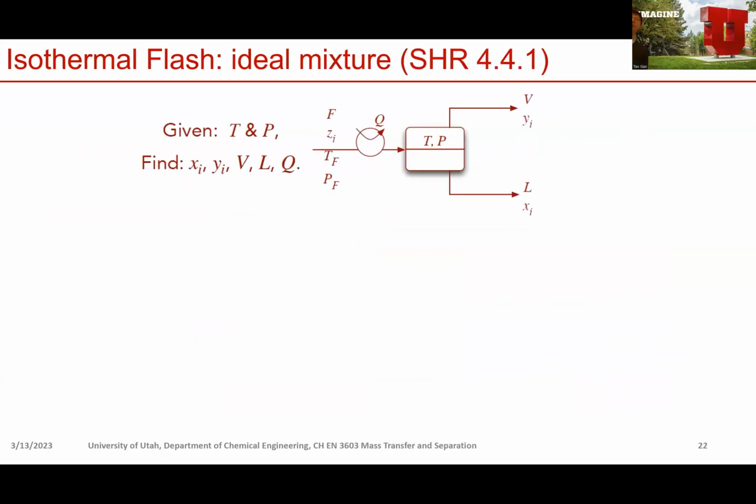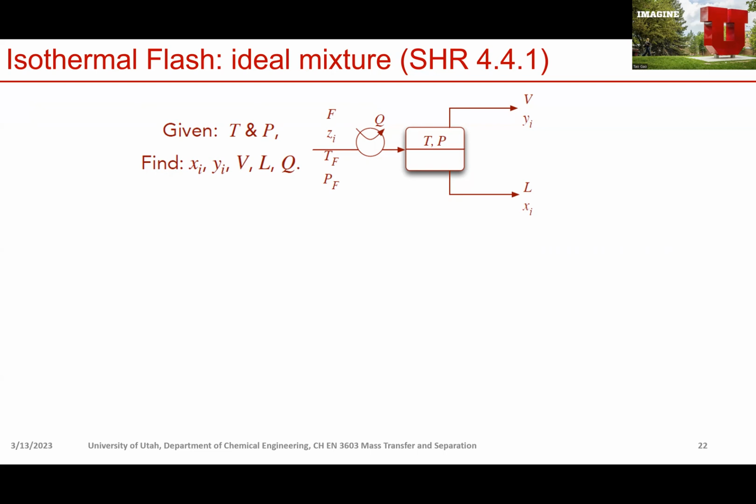Today we're going to talk about isothermal flash, which is a slightly more complex problem of how we use the Rachford-Rice equation to calculate a multi-component flash process. For the isothermal flash process, the two given are temperature and pressure, the conditions we are operating the flash system at.